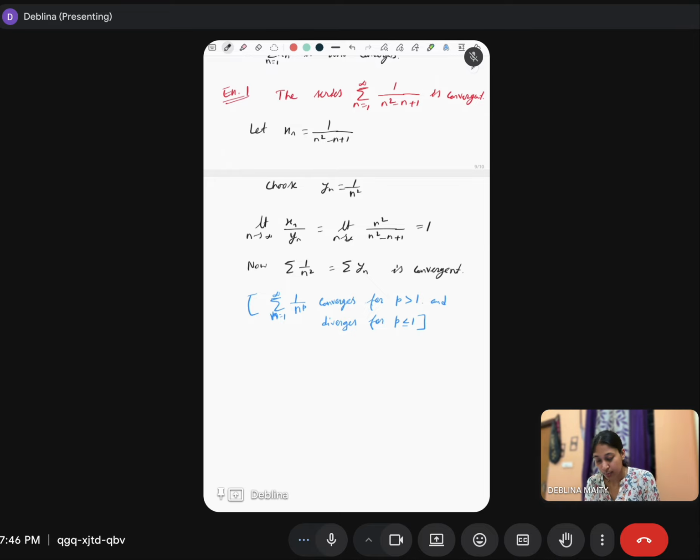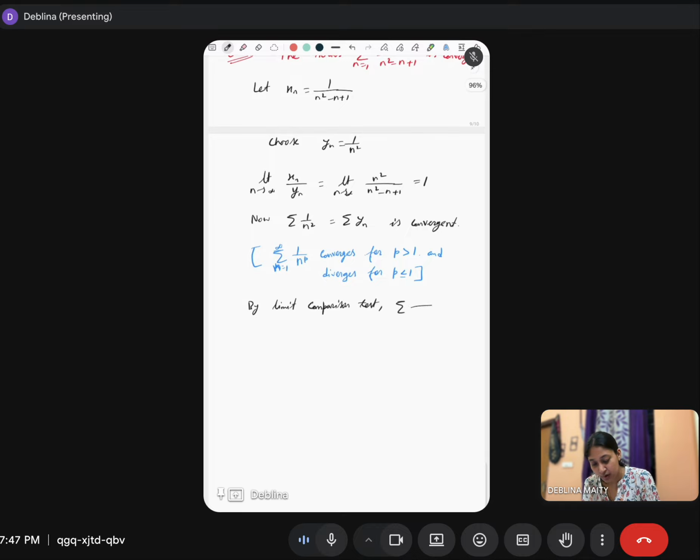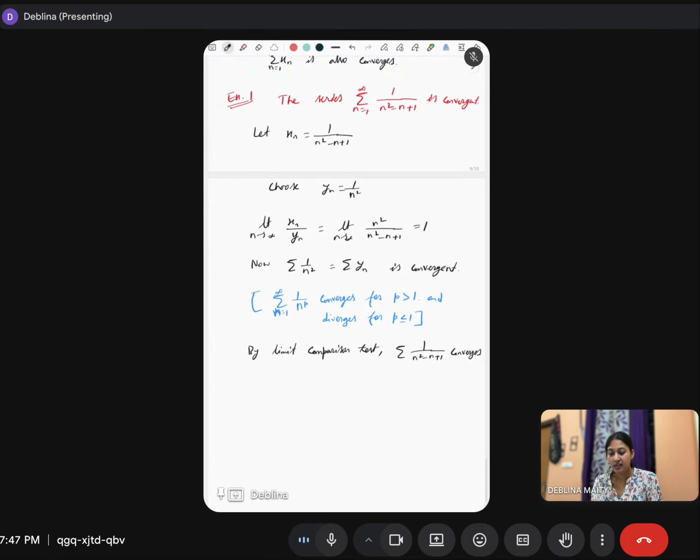So by the limit comparison test, the summation of xn, which means the summation of 1 by n squared minus n plus 1, converges, right?